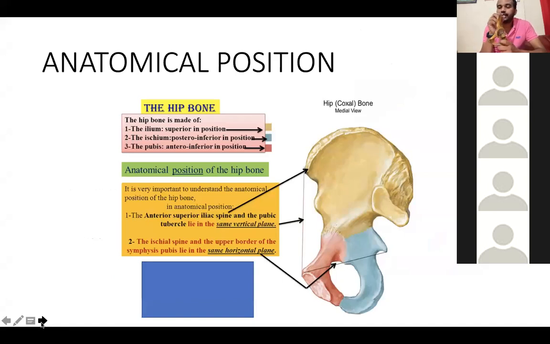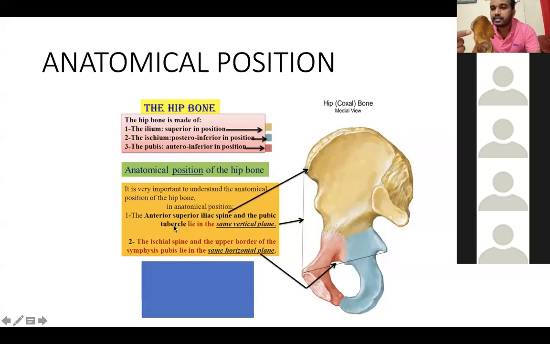After knowing the side of this bone, now it is very important to hold the bone in anatomical position. In order to hold the bone in anatomical position, we again have two things. One is the anterior superior iliac spine and the pubic tubercle.